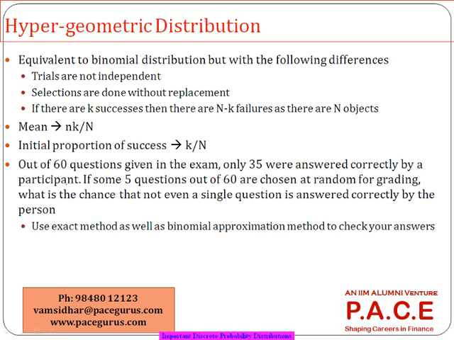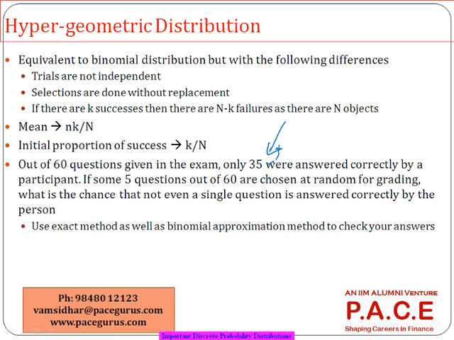If you understand this question, it becomes simpler. In an exam, out of 60 questions, the person has answered only 35 correctly. Now, the examiner is not considering all 60 questions for grading.